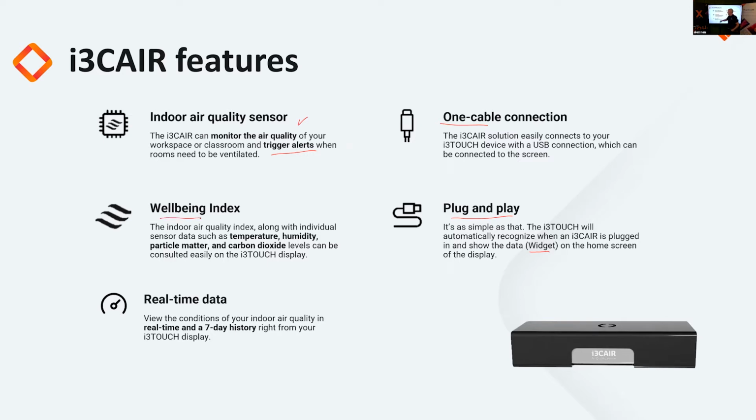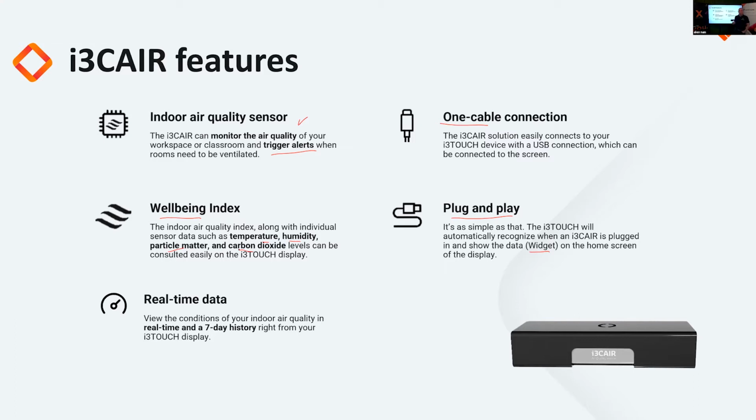A well-being index will always be visible in that widget, so that you know if the air quality is good or not good. And the well-being index is actually a combination of 4 factors: the temperature, humidity, particulate matter, and carbon dioxide.